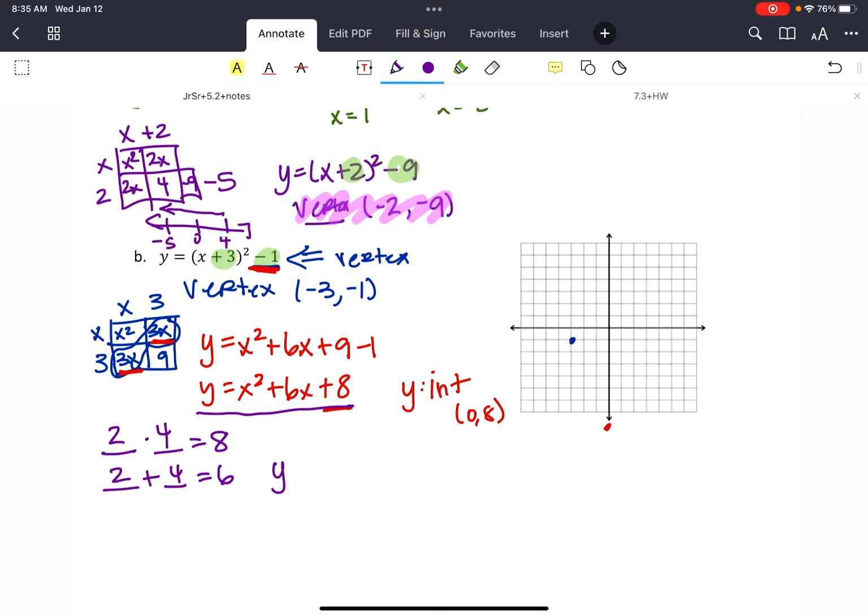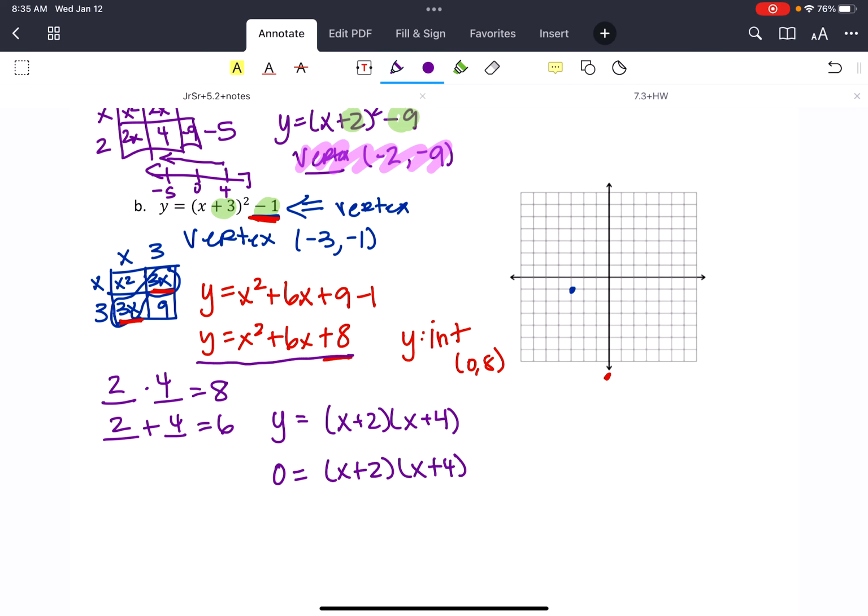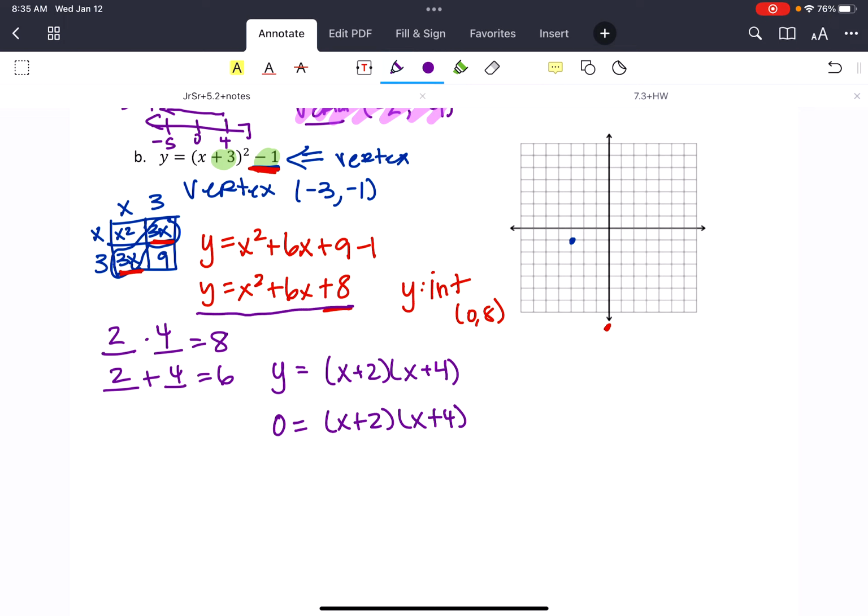So I end up with factored form of y equals x plus 2, x plus 4, and then I put 0 in for y to find my x-intercepts. And hopefully you're pausing this to write down because I know I'm going kind of fast.